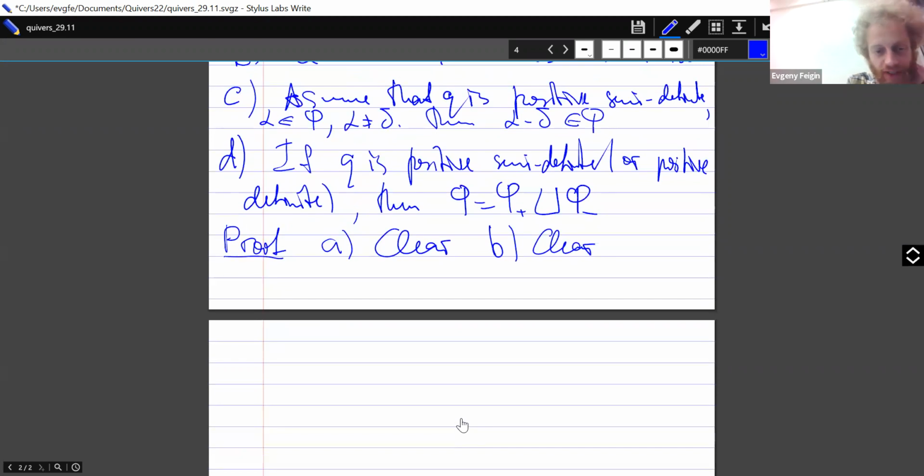So let us show part C. So what do we know? We want to compute Q of alpha minus delta, right?